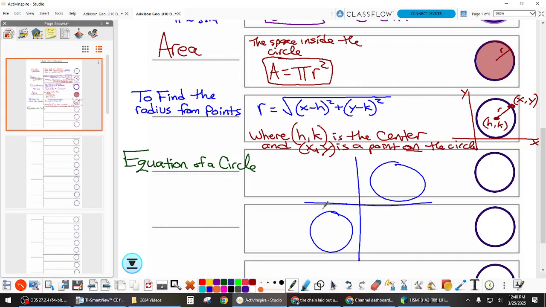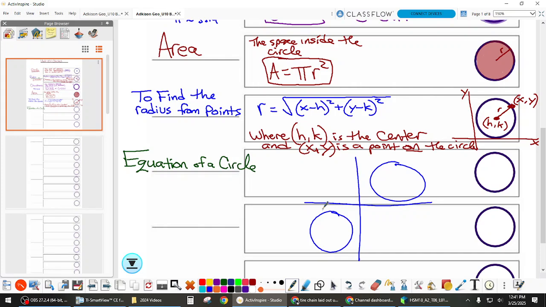I mean, I can't draw it perfectly, but let's say they're the same size, but there's something different about them. What is it? Yeah, the center is in the third quadrant versus the first quadrant, right? Okay, so the center is different.